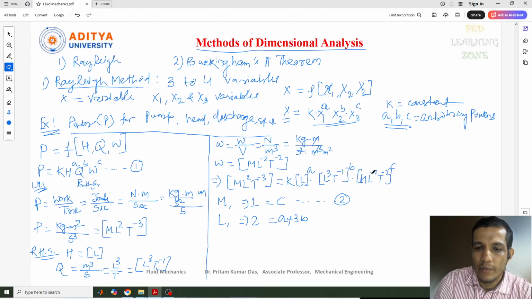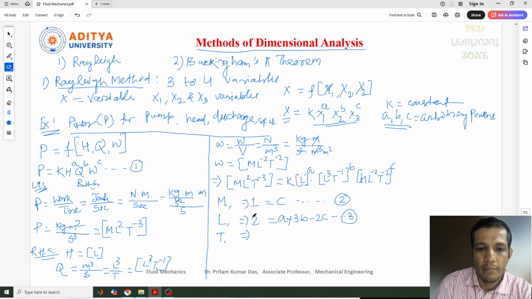And the last one, minus 2 and c, so again the same thing, minus 2c, just multiplying the variables' ratios and arbitrary powers. Now this one we can call equation 3. Similarly the dimension analysis for time is there.